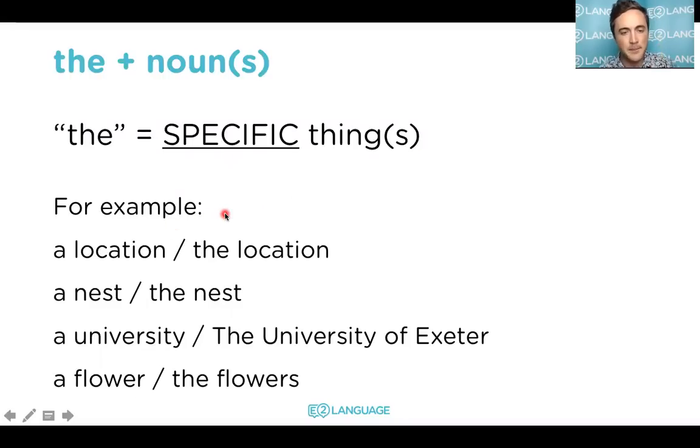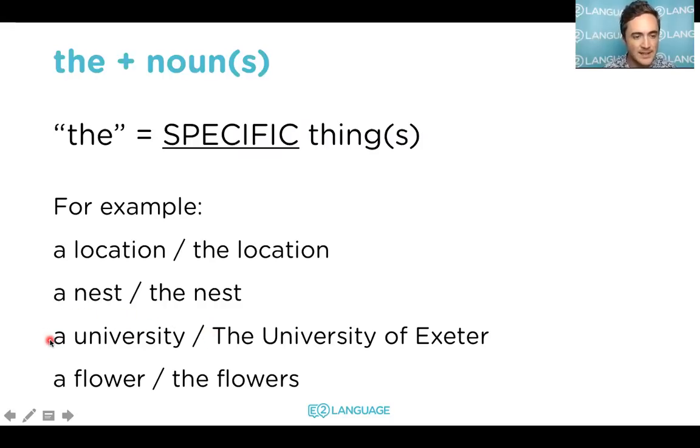I want you to compare these examples. Think about the difference between a location versus the location. One is non-specific, one is specific. A location, the location. A nest versus the nest. A university versus the University of Exeter.